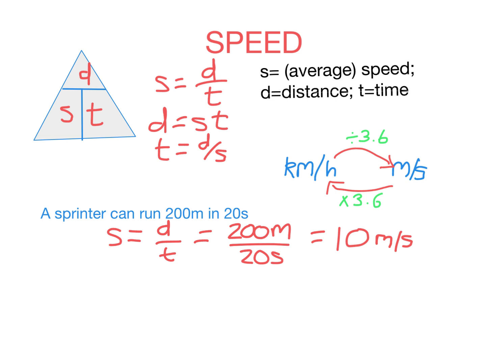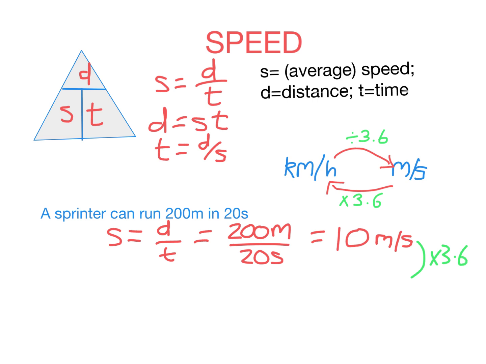Okay, so is that as fast as a car? Well, that's hard to tell because cars, their speed is usually measured in kilometers per hour. So if I want to convert this to kilometers per hour, consistent with the diagram above, we go from meters per second to kilometers per hour by timesing 3.6.